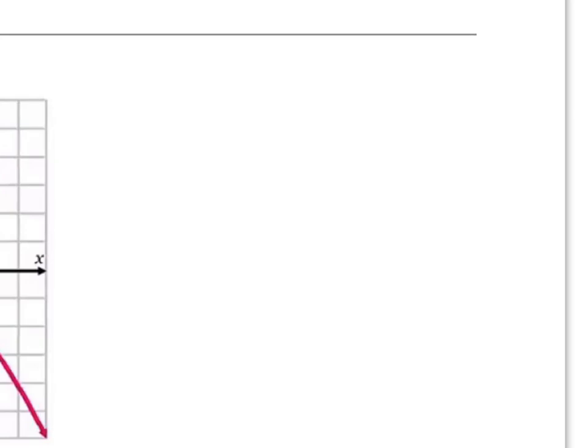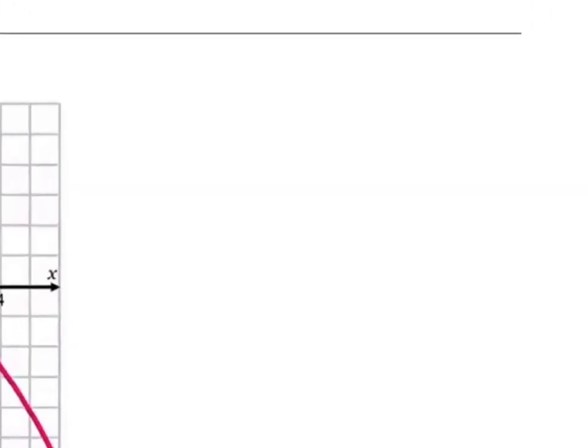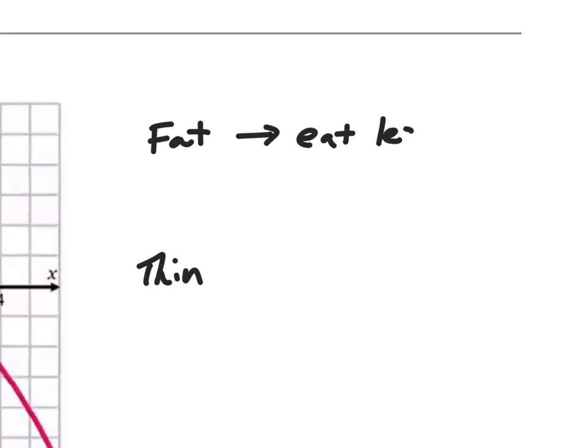If someone is fat, if the graph is fat, then they don't need to eat much. So if the graph is fat, then we need to eat less, which means that you have a fraction as your coefficient.